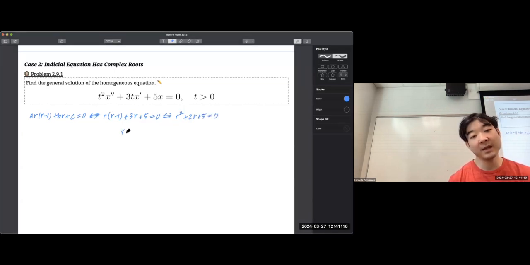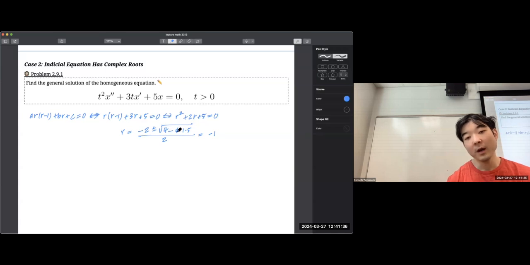And then you'll end up getting that r can't factor nicely, so we'll just use the quadratic formula. Negative b plus or minus the square root of b squared minus 4ac, all over 2a, which is just 2. And this ends up equaling -1 for the real part because of -2 over 2.